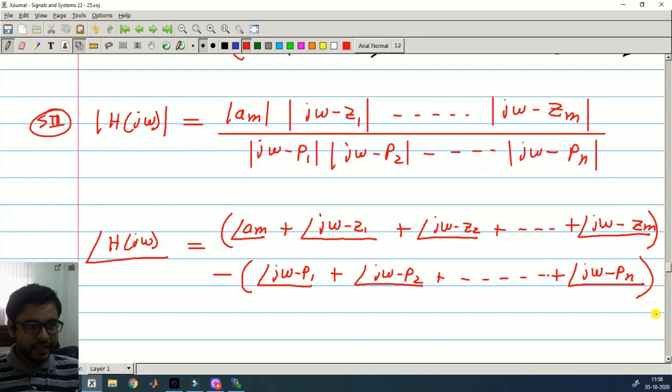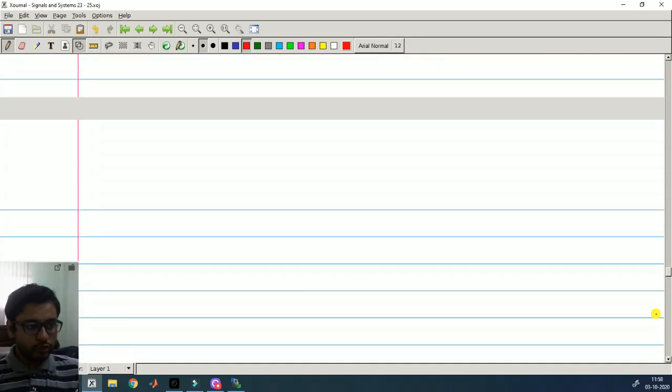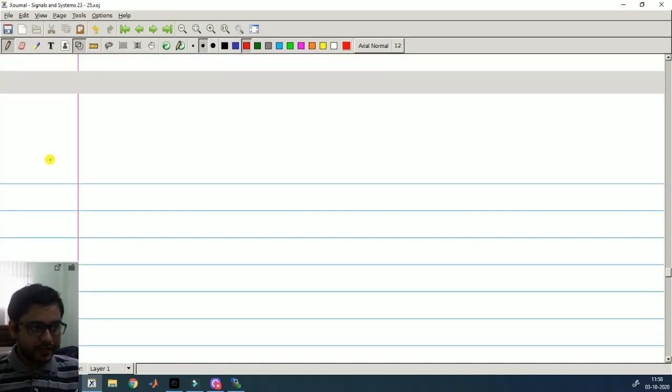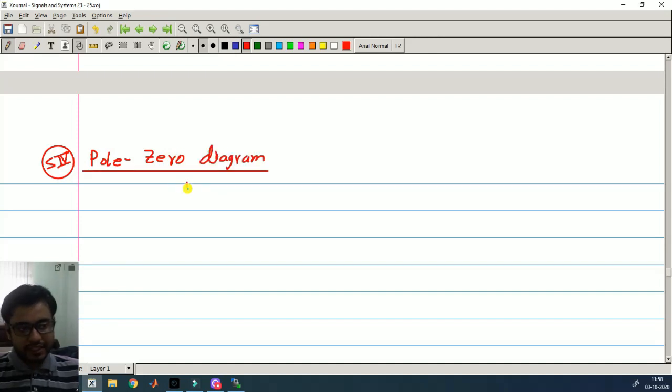Okay, next step 4, we will draw a diagram which is called the pole zero diagram. We will draw a complex plane, the Argand plane.